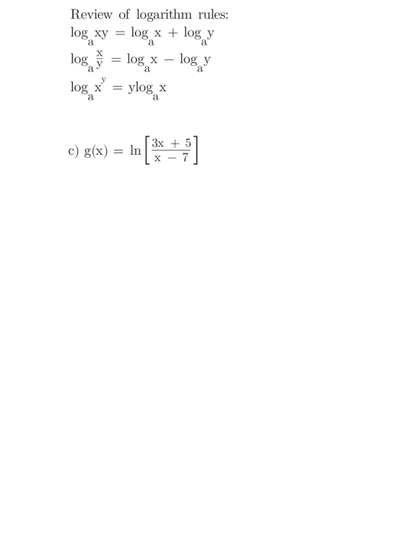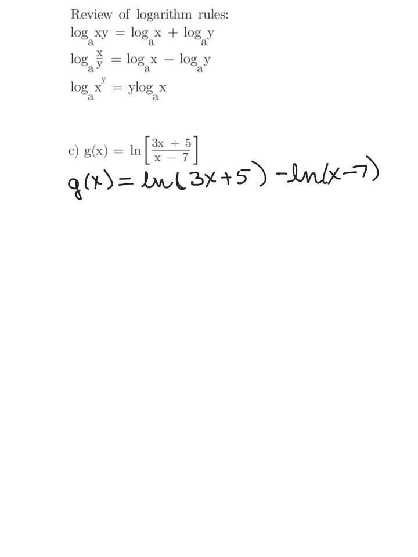So we are first just going to rewrite g of x. This is division in my argument, so I'm going to split it into subtraction, where the numerator is the first argument and the denominator is the second argument.